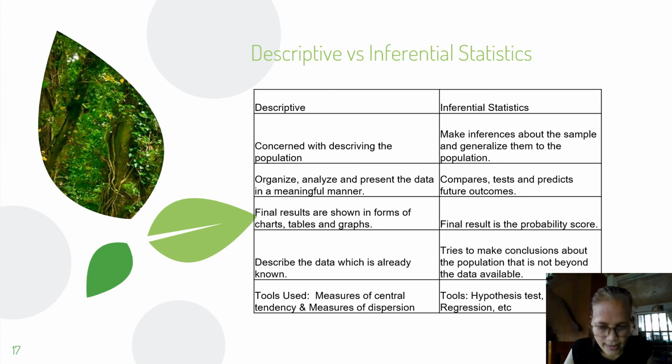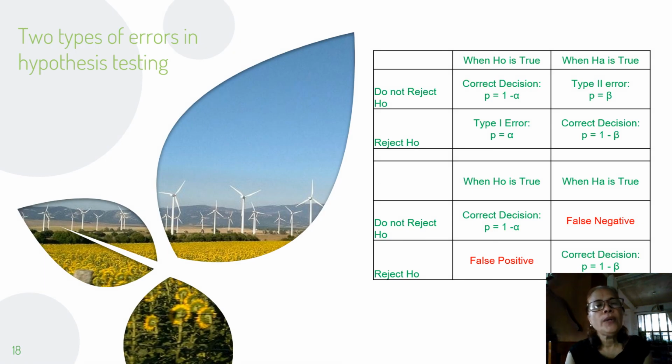We are not saying that we are trying to impress you with all the tools, but the tools of statistics are meant for specific objectives and design of research. Okay? So, what are two types of errors in hypothesis testing, which we will address when we cover inferential statistics?